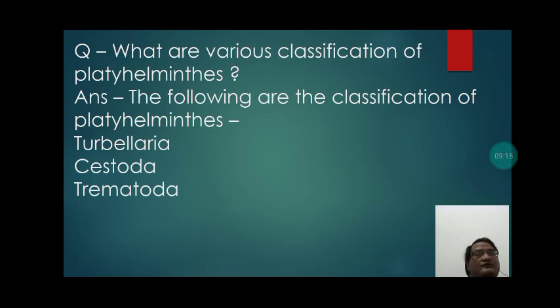Students, so today we studied various features of platyhelminth.